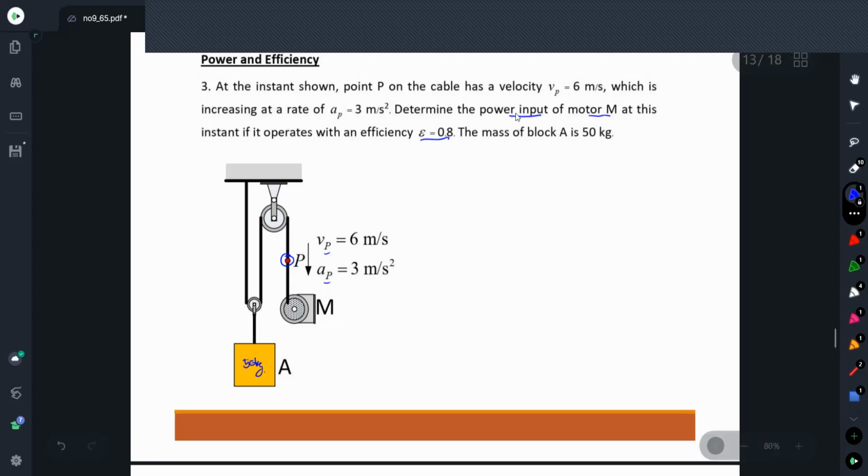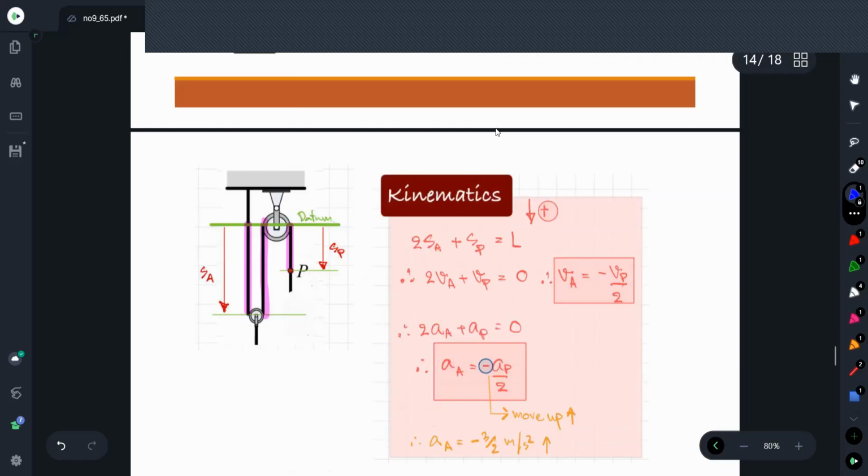Let's consider the kinematics first. For the system, we found that the position that has no motion should be here, so it's better to set up the datum line, the reference line, at this line, because it has no motion.